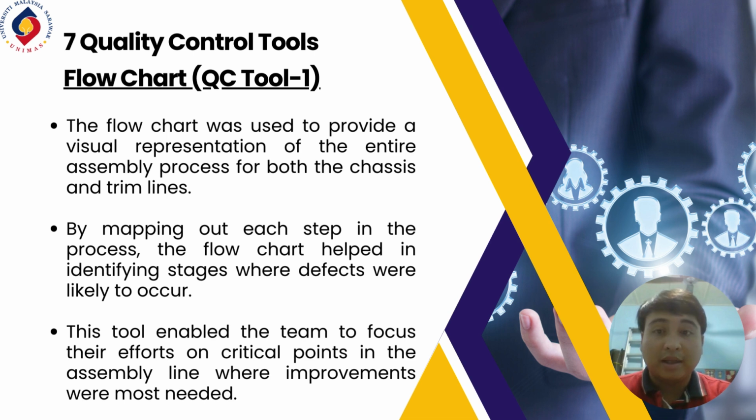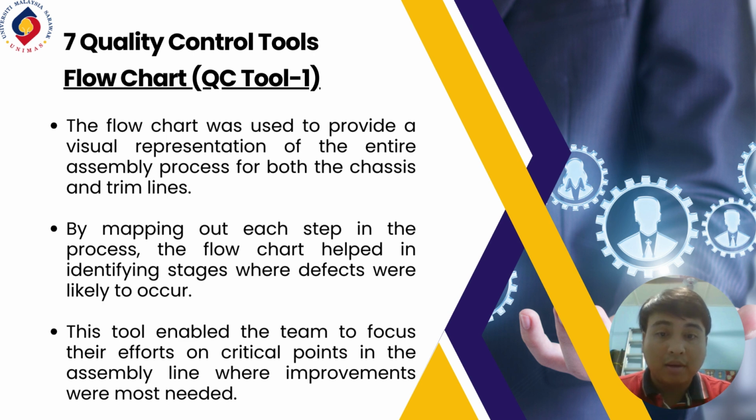Here I will explain the 7 quality control tools that have been applied in this research. The first quality control tool is the flowchart. The flowchart was used to provide a visual presentation of the entire assembly process for both the chassis and the trim lines.